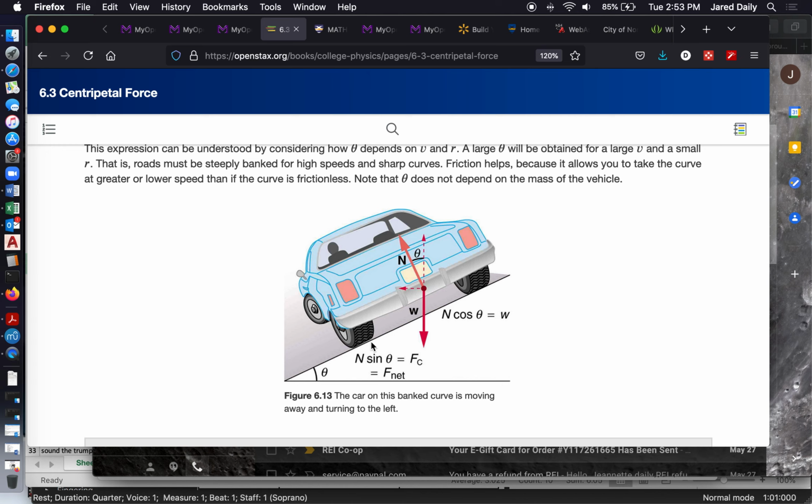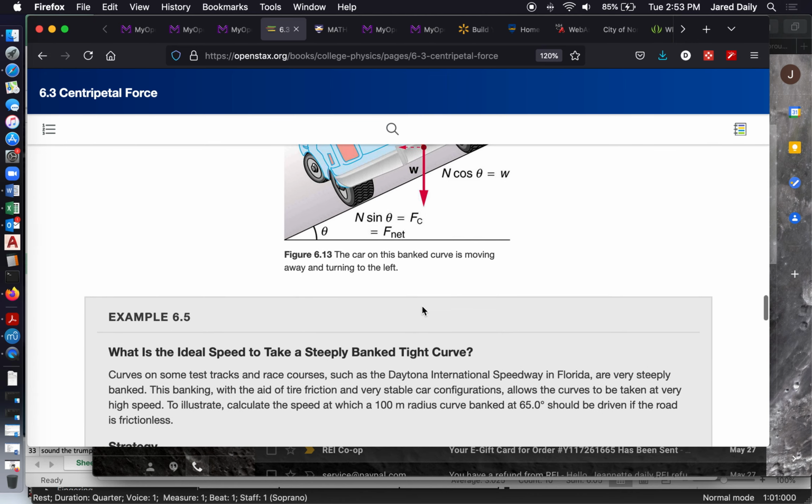So you don't use up any tire rubber when you're going around a turn like this, because you're not creating any friction. It's not going to heat up the tires and make the rubber evaporate. It's not going to skid any hot rubber onto the concrete. It's actually the bank of the turn, or the angle of the road, that turns the car, not the actual friction between the tires and the road.